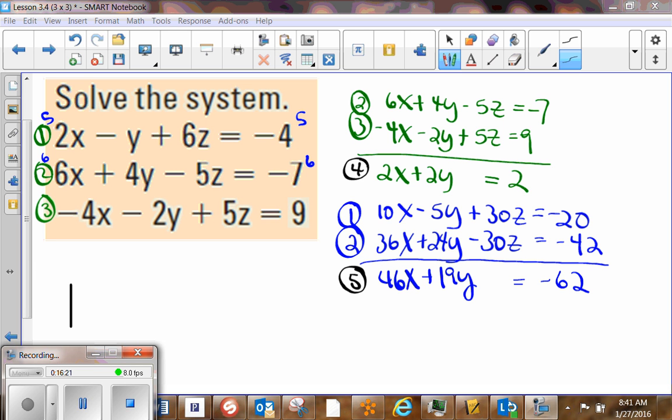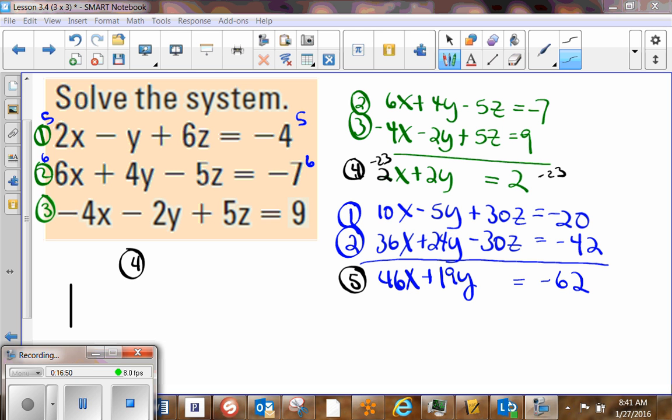So I'm going to multiply number 4 by negative 23, so that I can make it a negative 46 when I get rid of that x. So negative 23 on both sides of that.